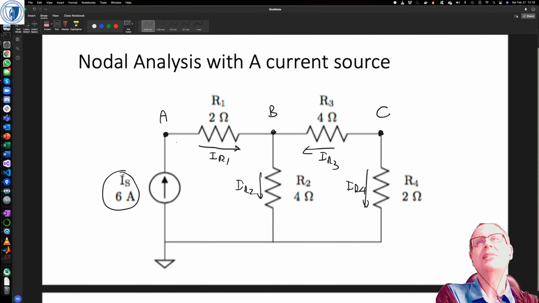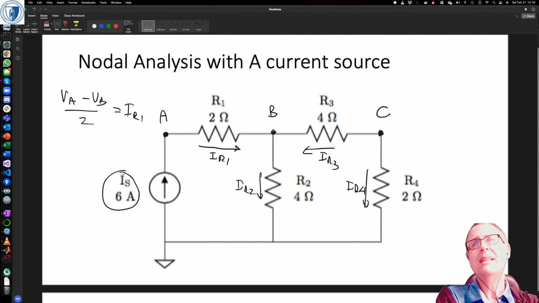So we can say VA minus VB on 2 equals IR1, but it doesn't help us because we can't figure out what VA is.